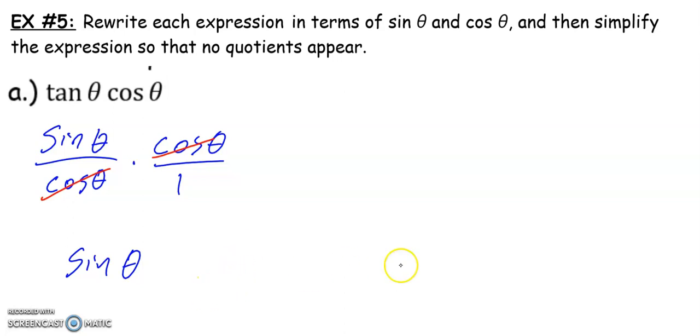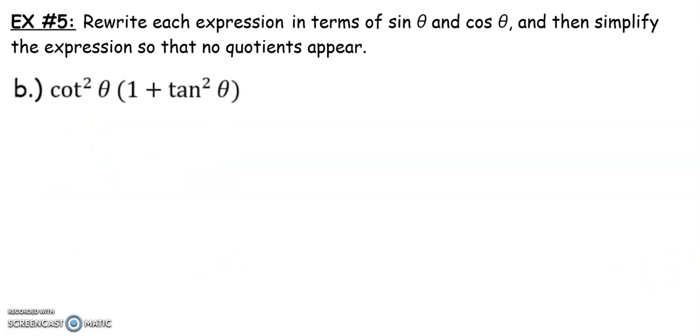That one was not bad. Starting off easy. Let's try this one. So we've got cotangent squared theta times 1 plus tangent squared theta. Well, what I'm seeing is these squares, and immediately what I think to myself is, wait a minute, do I have a trig identity that deals with this?